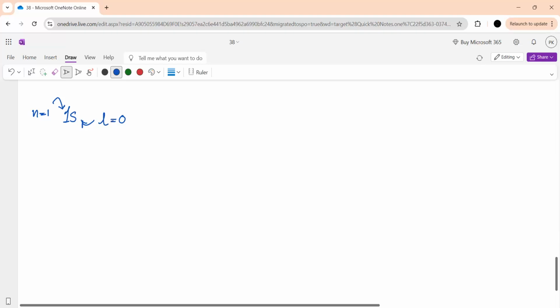Similarly, when we will have principal quantum number 2, L value we can either have 0 or we can have 1, right? Corresponding to 0 it is S and corresponding to 1 it will be P. So we will call it 2s, and this we will call 2p because our principal quantum number is 2. Okay? Similarly, principal quantum number will be 3.